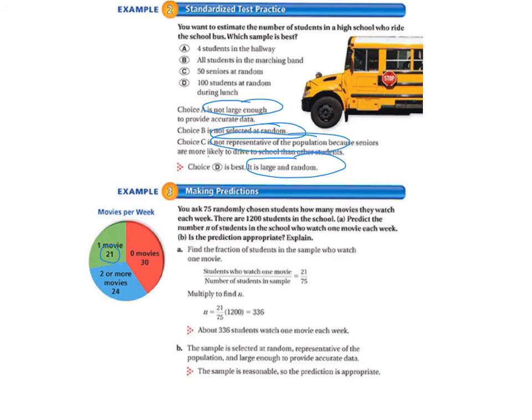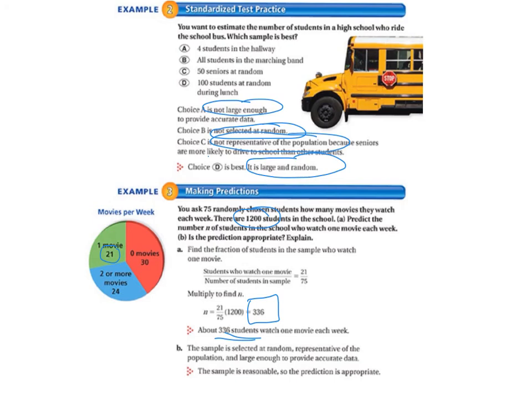So 21 over 75. And we multiply to find n. So we take 21 over 75 times 1,200. We got that from the 1,200 students in the school. And that equals 336. So about 336 students watch one movie per week.